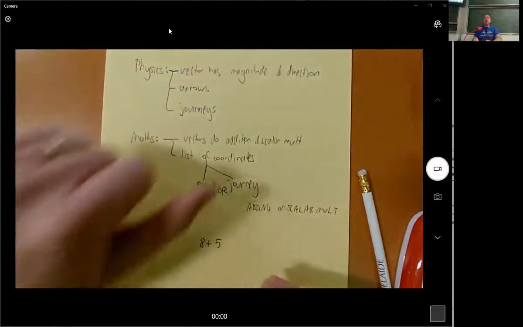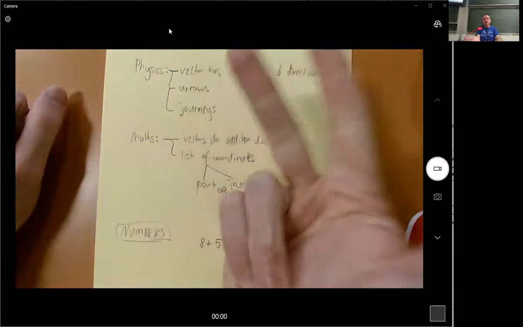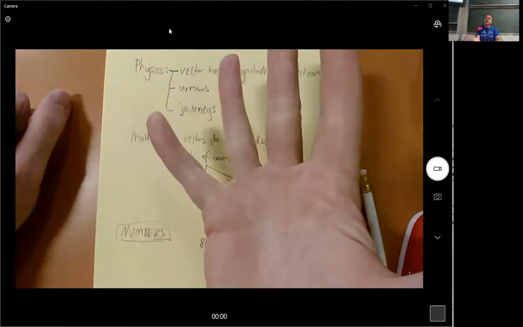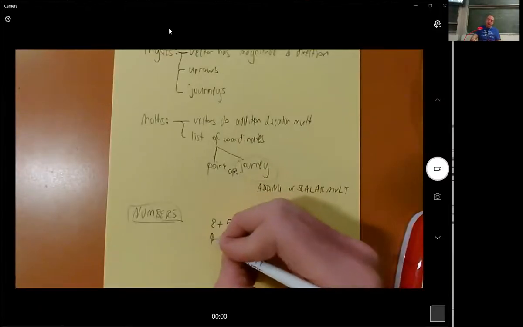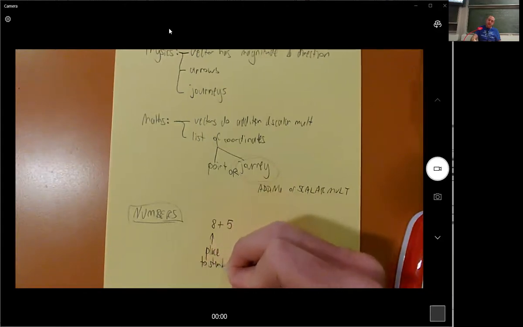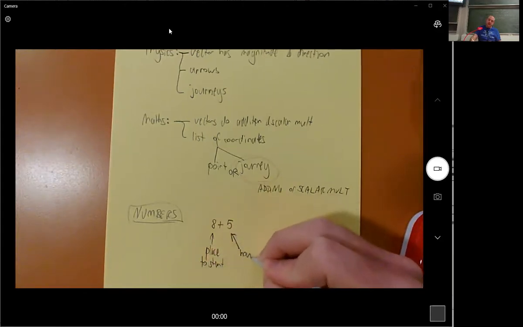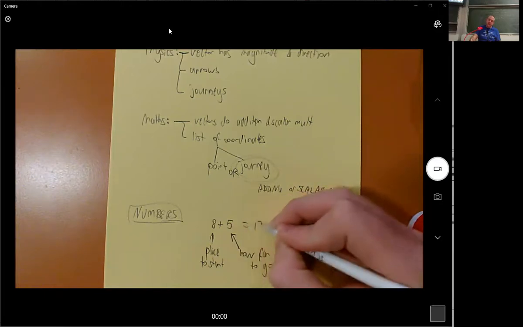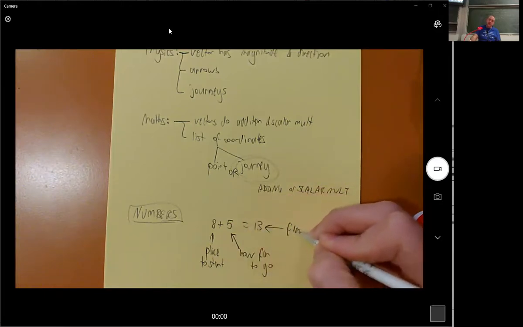So you think 8, and then you go 9, 10, 11, 12, 13. So 8 is a place to start, and 5 is how far to go, and the answer is 13, which is a place you've finished.